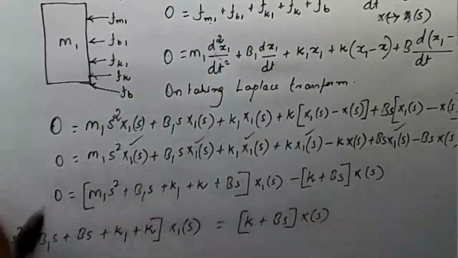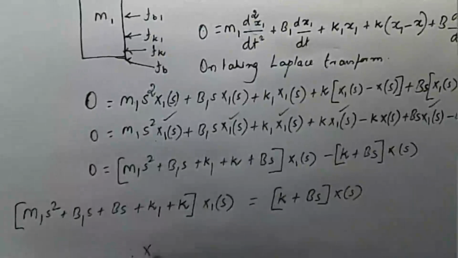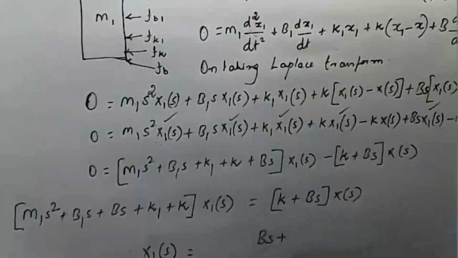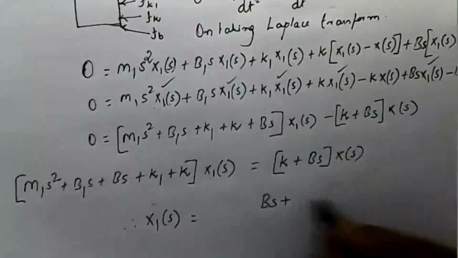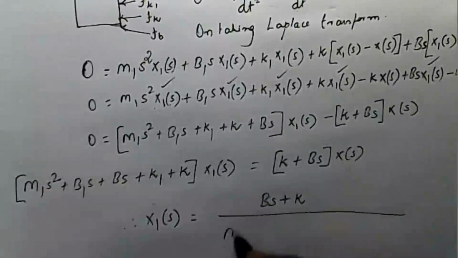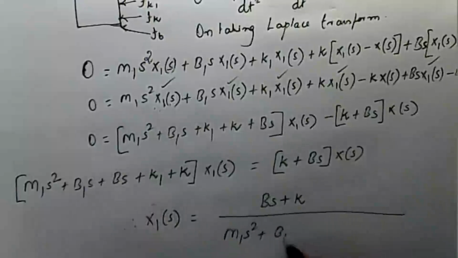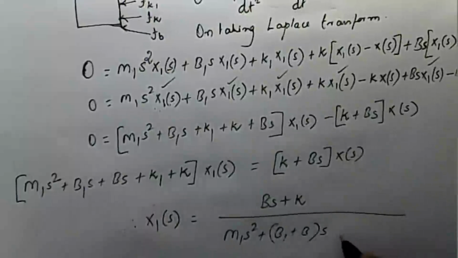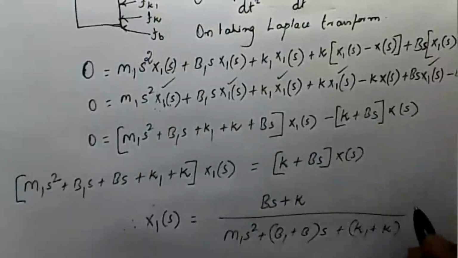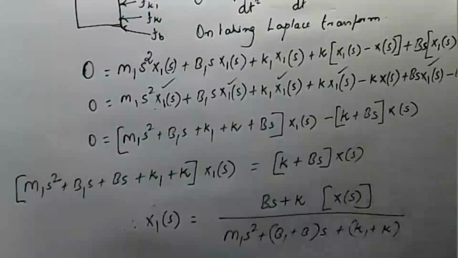Here there is one minus on each side, so both minus signs cancel. Now x1 of s is equal to, just cross multiply: bs plus k, first the higher order, then the constant term, divided by m1 s square plus b1 plus b into s, s is common, plus k1 plus k. This is also a constant, into x of s.